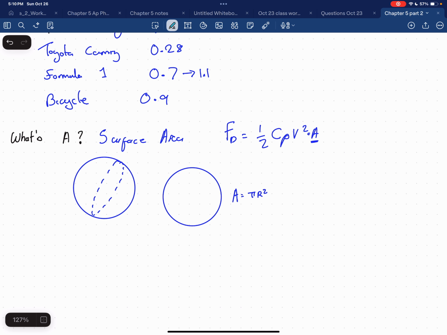What about if I'm dropping a cylinder? If I'm dropping it at this angle and I cut it in half, again, this will be another circle.